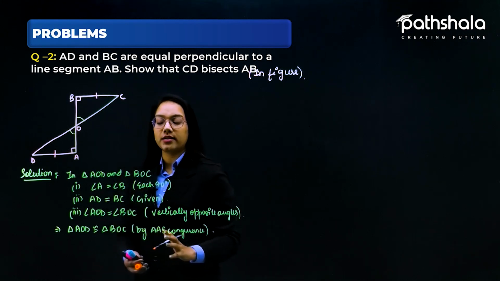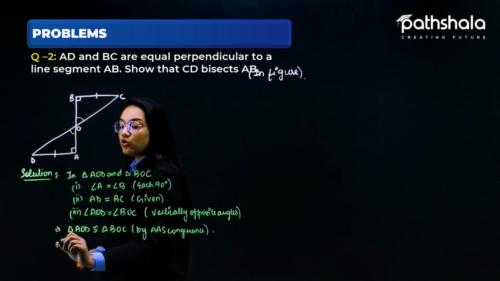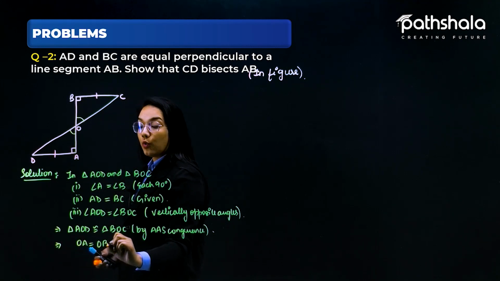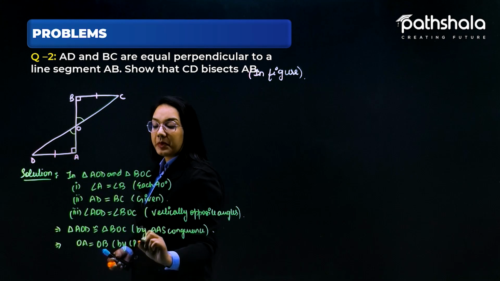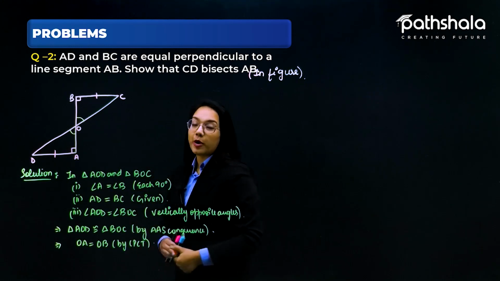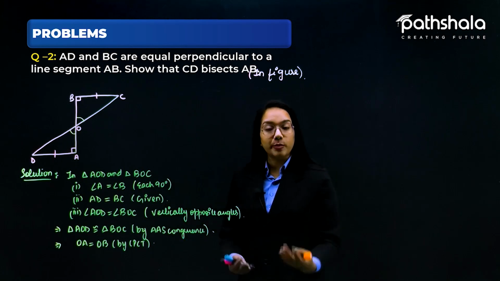We can say that these two triangles are congruent to each other, and if these two triangles are congruent to each other, then OA is definitely equal to OB by CPCT. Means we have the corresponding sides of the two triangles should also be equal to each other.